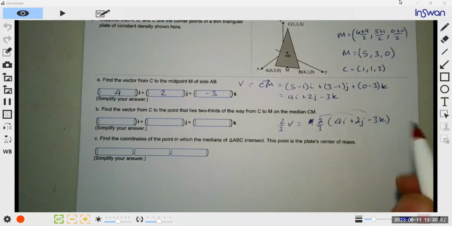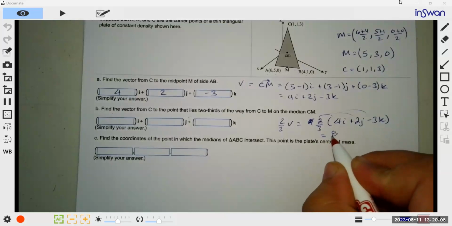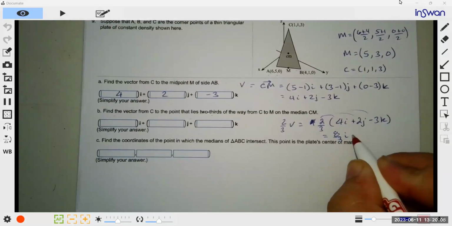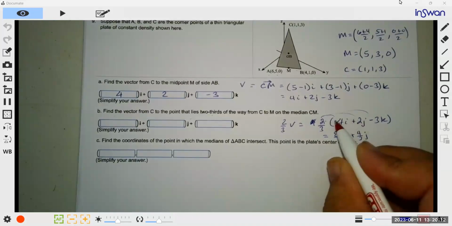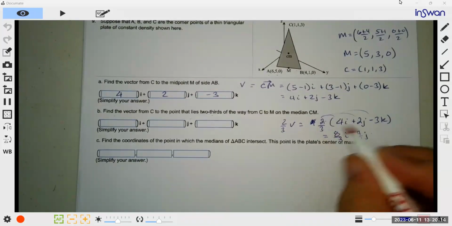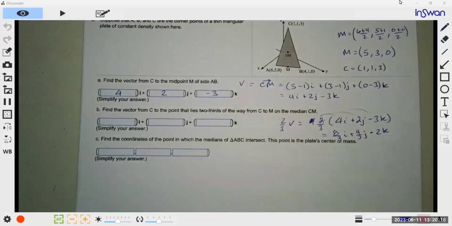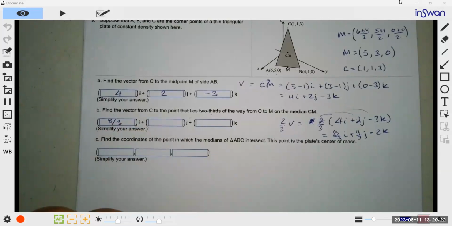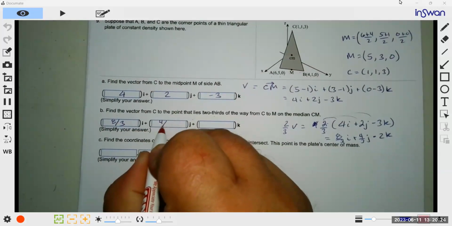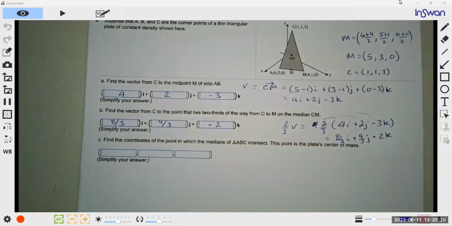Just distribute those. 2 times 4 is 8 over 3 i. 2 times 2 is 4 over 3 j. The 3's cancel, so it's just negative 2k. So it's 8 over 3, 4 over 3, minus 2.